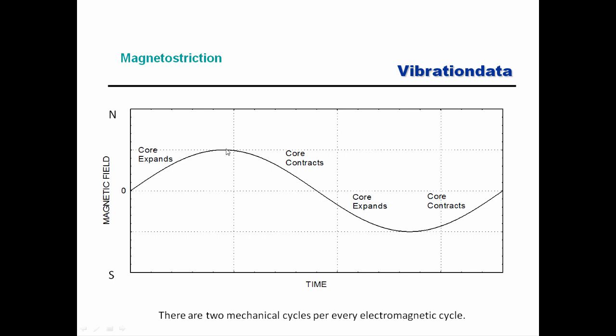Well, then the field reaches its peak, and then it heads back towards its neutral position. The core contracts as we go back to neutral. Now the magnetic field is heading south, and as it does that, that core is expanding. It reaches a peak value, the core starts to contract. We go back to the neutral position.